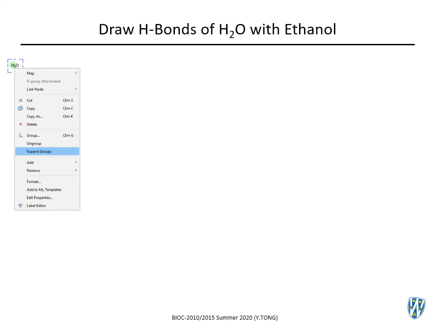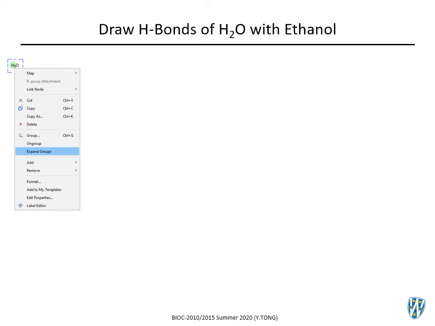Now, before I use the Marvin software to draw the actual figure that I presented in previous slides, let me tell you the 4 steps that you need to do to draw that picture. The first step is to draw the molecules of the water and the ethanol. You can sometimes just type the name.